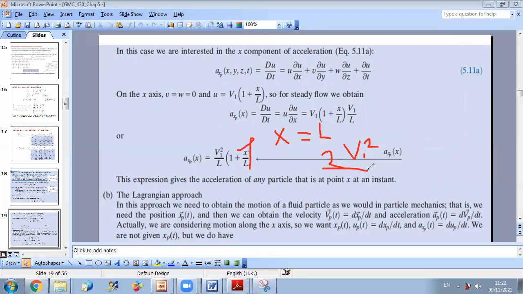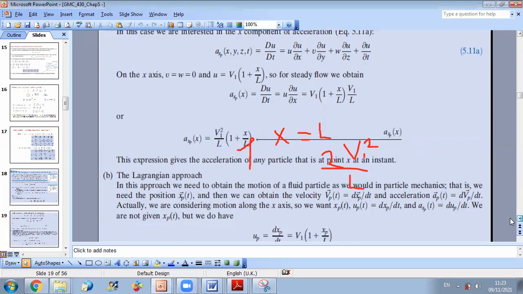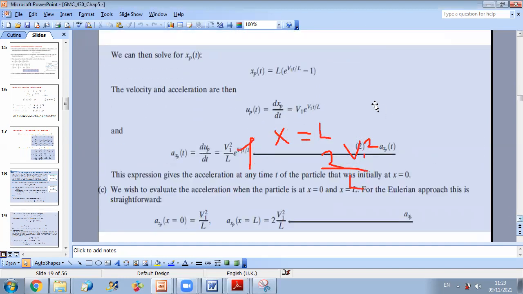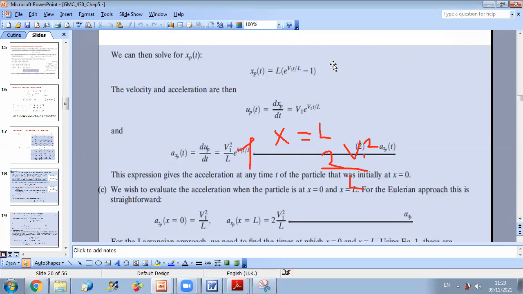Now, if we want to use the Lagrangian approach to determine acceleration at these positions, we should first, since A is expressed function of time, we should first find at X equals 0, what was the corresponding time? And at X equal L, what is the corresponding time? To do this, all we have to do is to go to the equation of X function of time, okay?